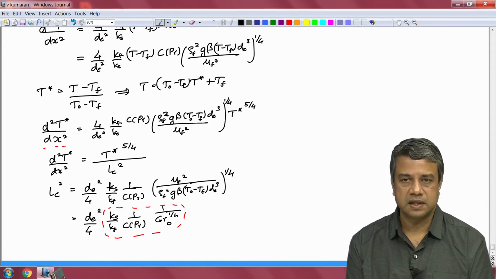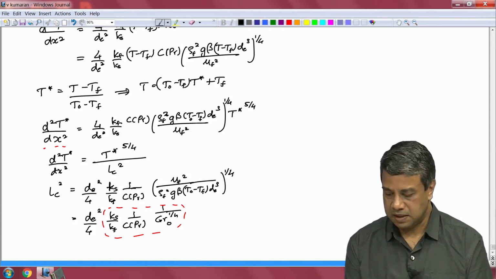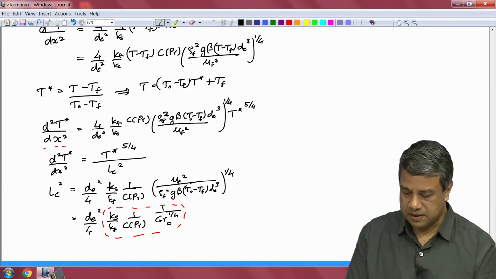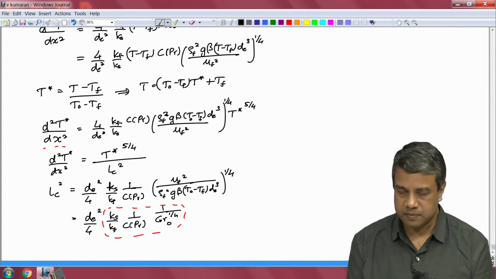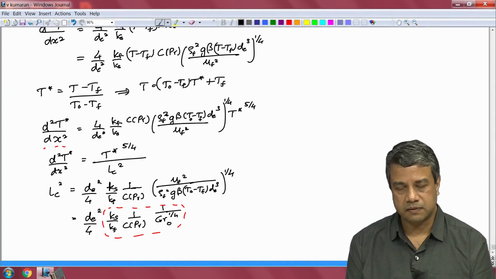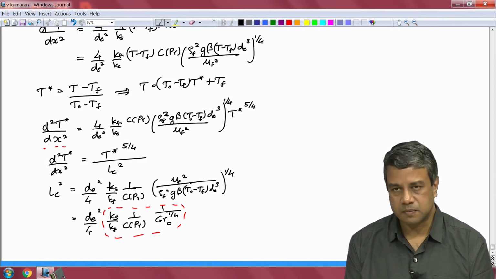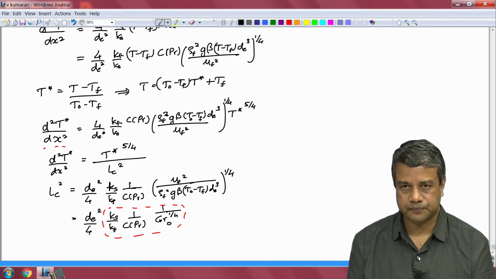The diffusion length in this case is equal to Gr power minus 1/4 times the diameter square. So, if the Grashof number power minus 1/4 times the equivalent diameter is much smaller than the characteristic length, then you can use a continuum approximation.